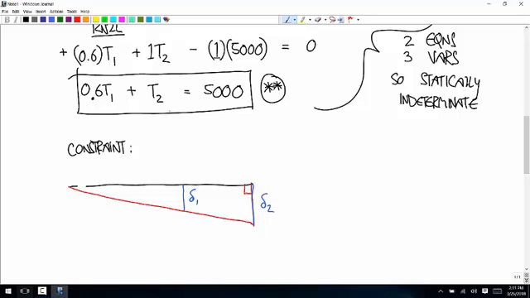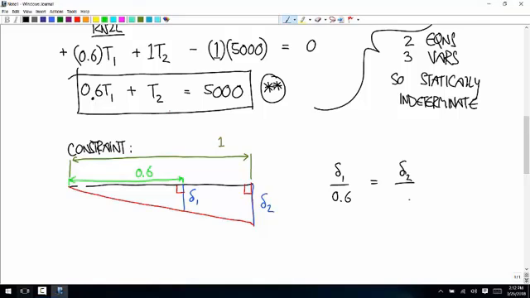Okay, so what does this say? This is a right angle, and this is a right angle. This length is 0.6, and this length is 1. And so what we're requiring is that delta 1 over 0.6 is equal to delta 2 over 1.